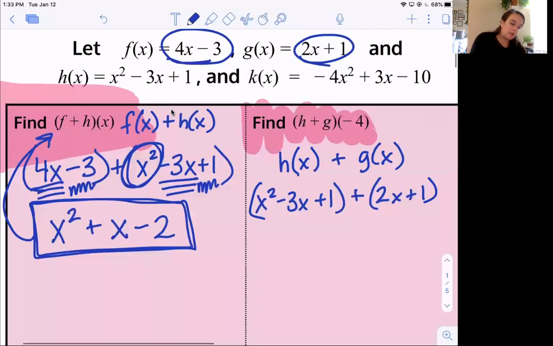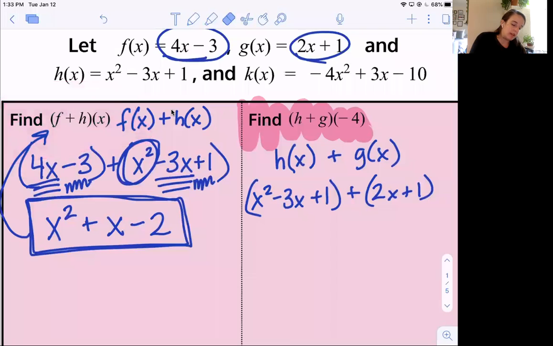All right. What is different about what we had here and what we have here, besides the letters? What's different about how the equation is ending? Yeah, the -4, for sure. The difference is that instead of x, we're actually plugging in -4.